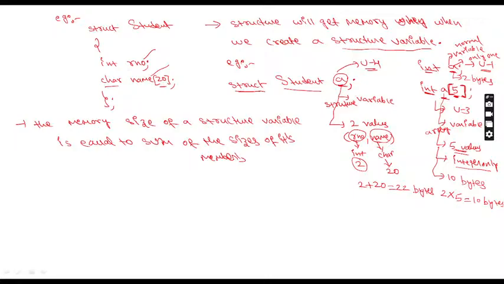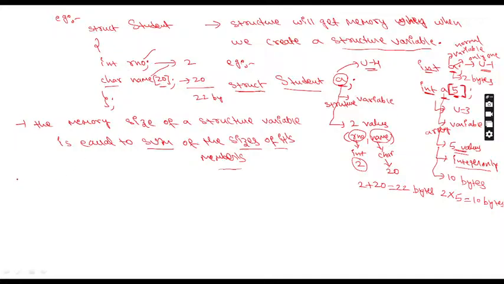Please try to understand this line. So what I said is, the memory size of the structure variable is the sum, meaning adding the sizes, of all its members. Now tell me, integer variable is 2 and this is 20. So adding 2 plus 20 is nothing but 22 bytes. So that is the point which I have written here: the memory size of a structure variable is the sum of the sizes of its members. So this is about the concept.